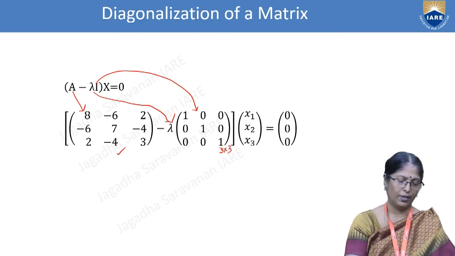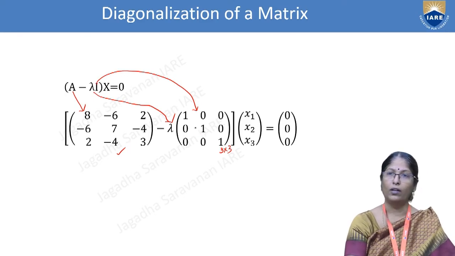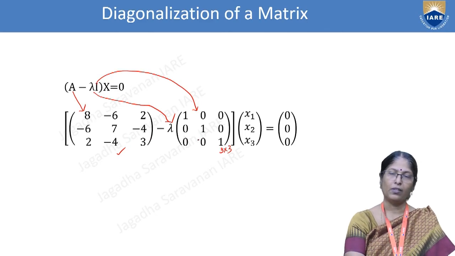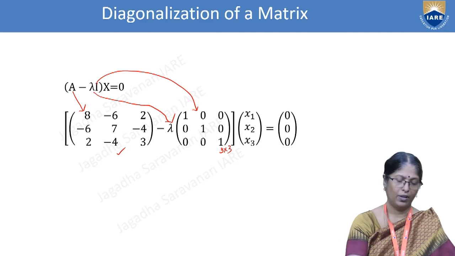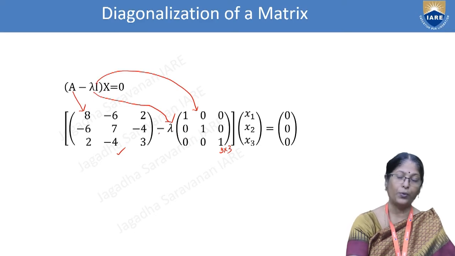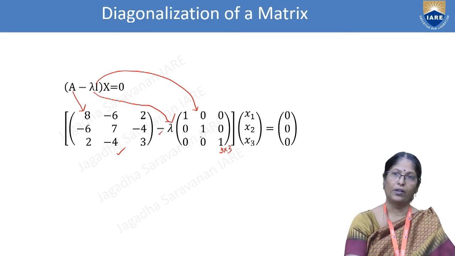The reason is, for any addition or subtraction, the order of both matrices should be the same. If you want to do subtraction or addition, see here we are doing subtraction, so the order of both matrices should be the same.